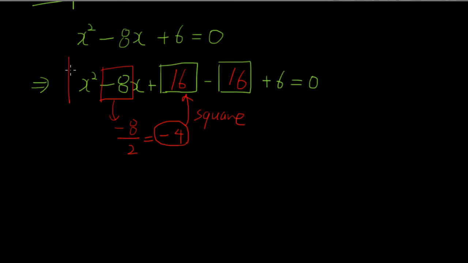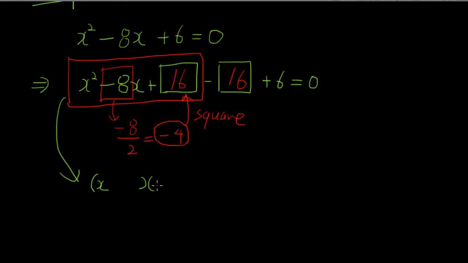Now we're going to combine the first 3 terms. Do we always combine the first 3 terms? Answer is yes. Then what do we do with this? We factor it. So let's factor this. So, I'm going to set it up like that. Try to figure out this 2 number combination.